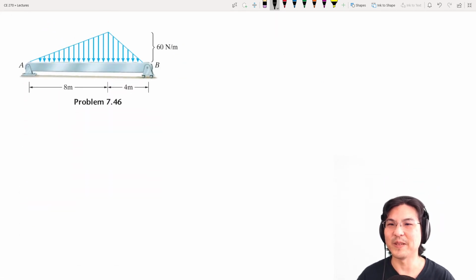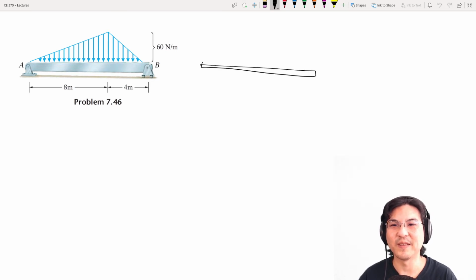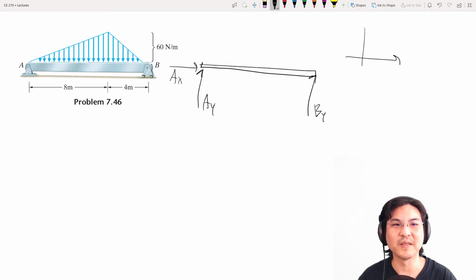So let's say we have this bar with a pin here and a roller here, and I have this distributed load. I'll model this pin and this roller like this, with coordinates like this.